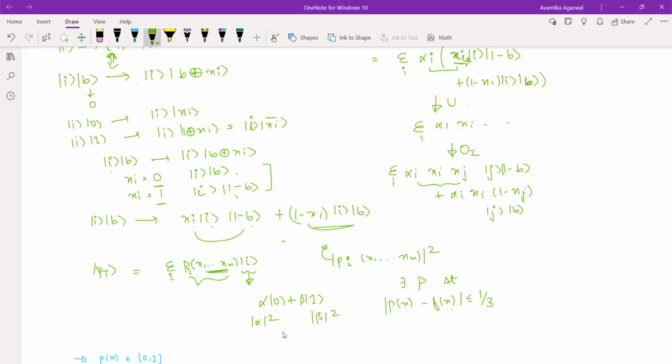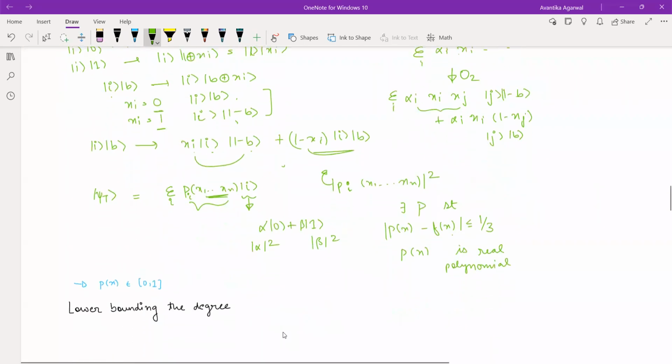And secondly, this p(x) is a real polynomial of degree less than or equal to 2t, because the degree of p_i was t, so the degree of mod p_i squared would be less than or equal to 2t.